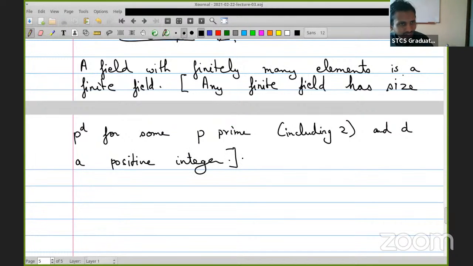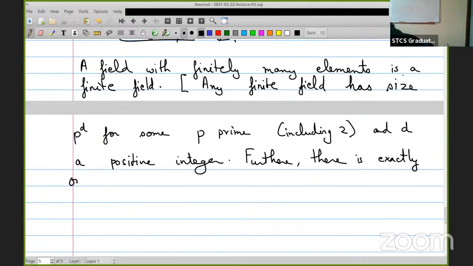So these are all the finite fields, and further, there is exactly one of each size. What does this mean? This means that all of them are isomorphic, in the right sense.